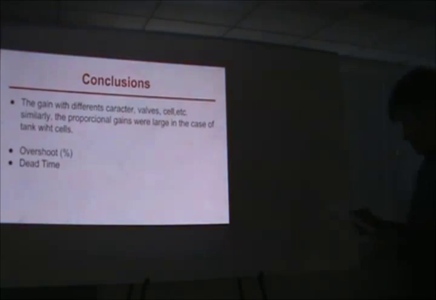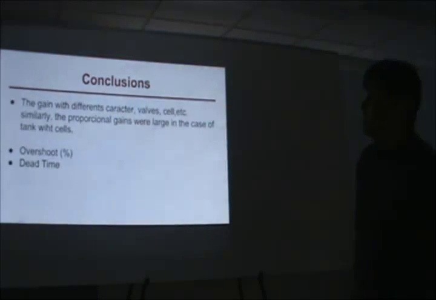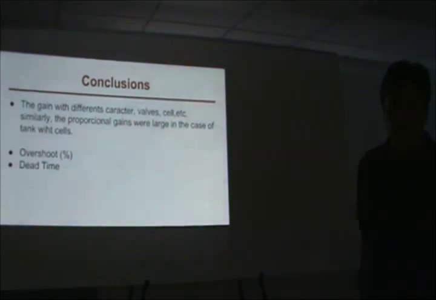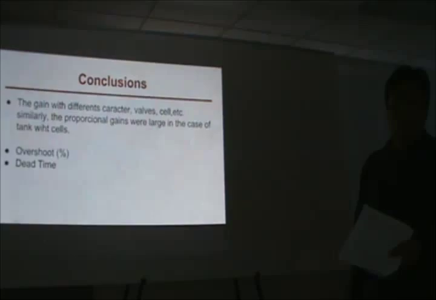Conclusions. The gain with different characteristics, valves, cells, etc. Similarly, the proportional gains were large in the case of tank with cells, overshoot percent and settling time. Yeah. What's the main conclusion then?